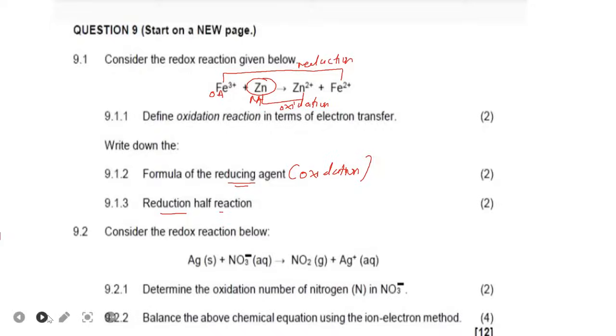So this is how we're going to write it. We'll say Fe3+, and since it's the reduction half, we will gain an electron, and then it will become Fe2+, right? So from Fe3+, there is a gain of an electron, and now it goes to Fe2+, just like that.